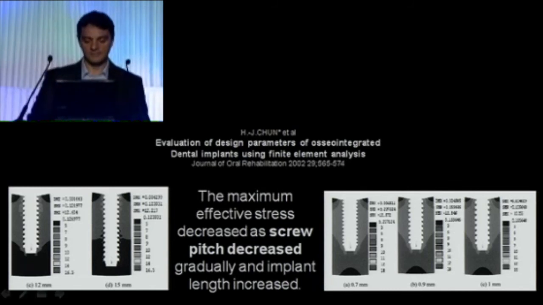In this in vitro study with computer simulation models, they found that it's better to have small threads with a small pitch. This helps to reduce the peak load in specific areas of the implant. And this is also very good information.